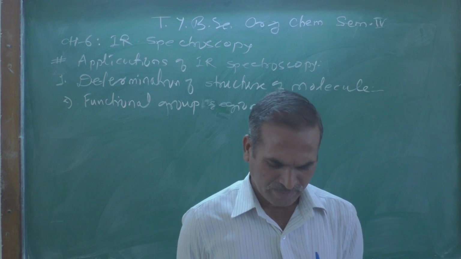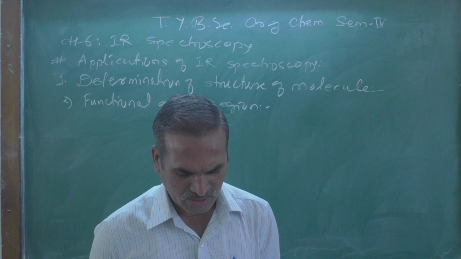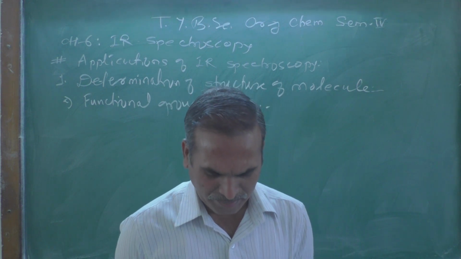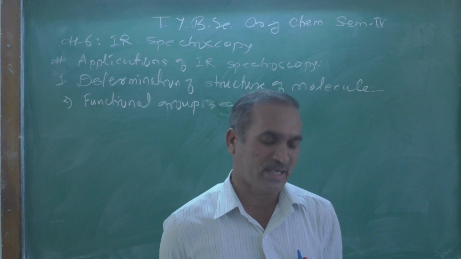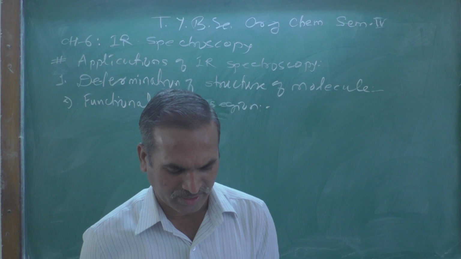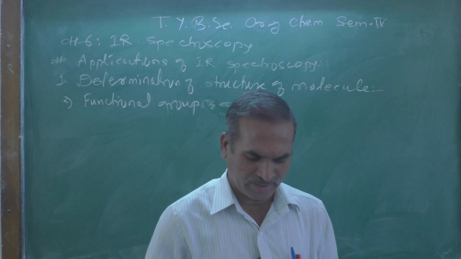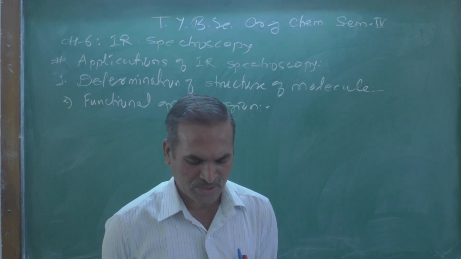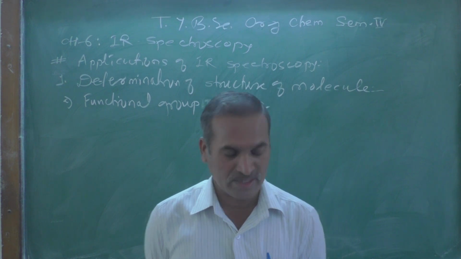Thus, if a compound contains only one oxygen atom and an IR peak in the region of 1690 per centimeter, most probably it is an alpha beta unsaturated ketone.